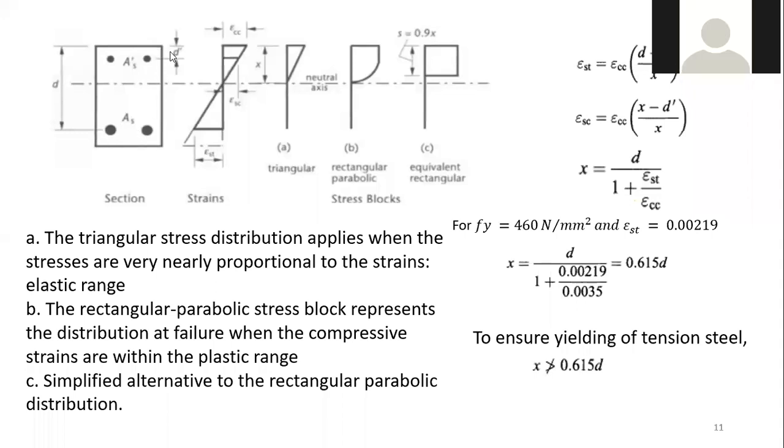The effective depth for the compression bar is from the top to the middle of this steel.